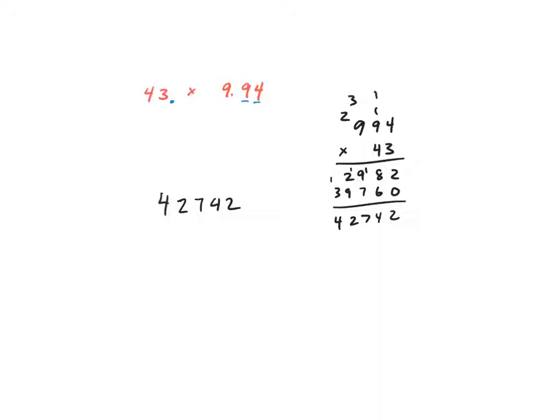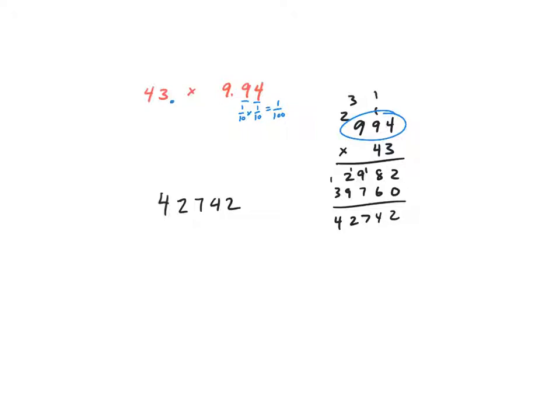So in my second factor, I'm not really multiplying by 994 like I did in my problem right here. I'm really multiplying by 9 and 94 hundredths. So it's that 94 hundredths, it's that hundredths part that is going to determine where my decimal is going to be. So remember, each of these place values was really 1/10. So I had 1/10 times 1/10 equals 1/100th. So 100 will be the denominator in my fraction.